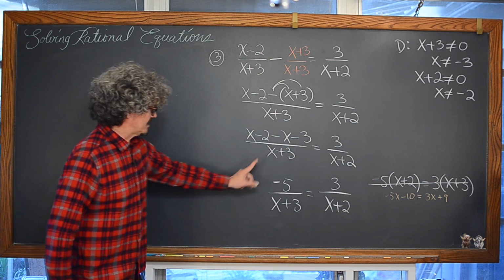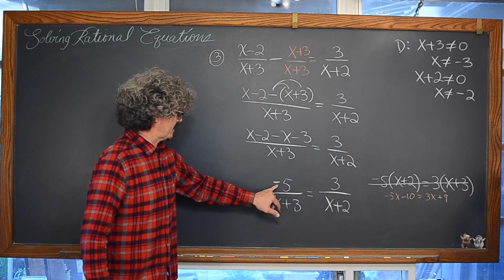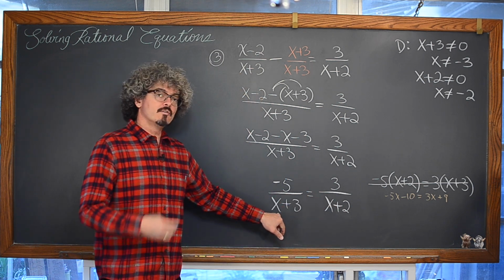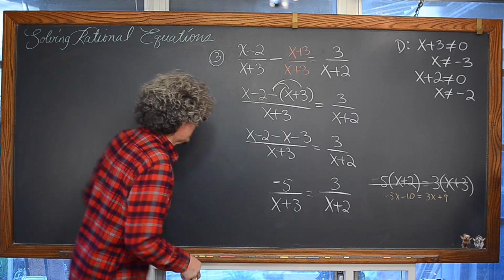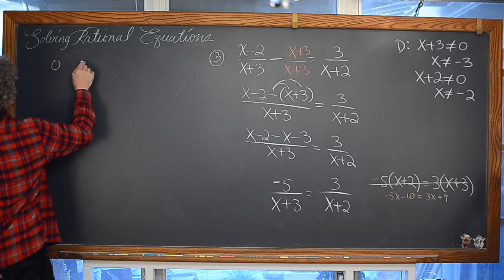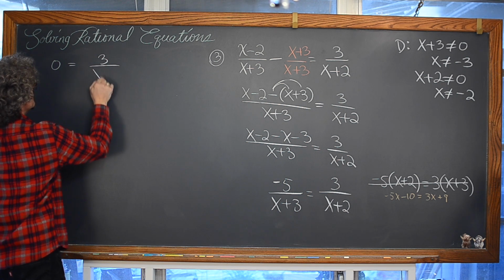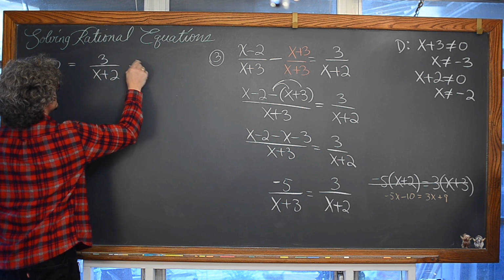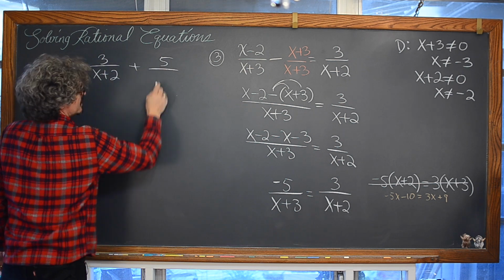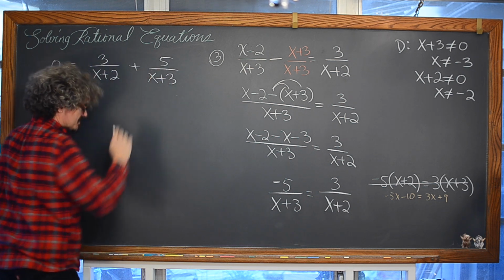What we're going to do is set this equation equal to 0 by adding 5 over x plus 3 to both sides. That's going to give us 0 is equal to 3 over x plus 2, and then plus 5 over x plus 3.